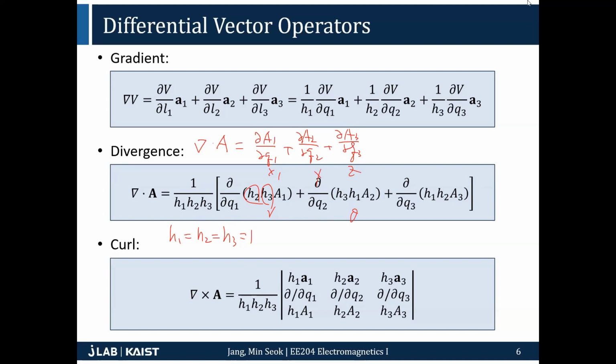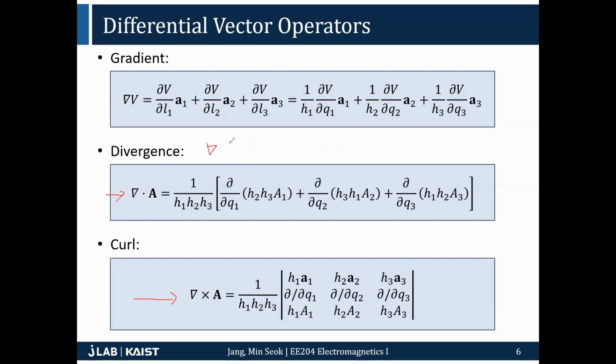So that's the reason. So what I'm going to do now is derive this and that from more fundamental definitions of divergence and curl. And you know what the fundamental definitions are.